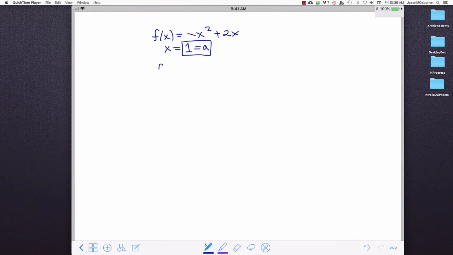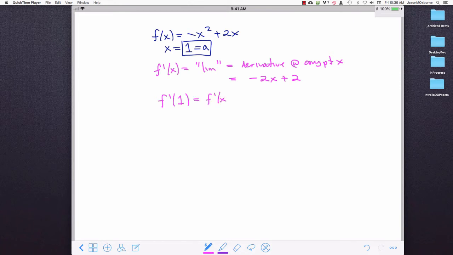And then we found, using a limit, that the derivative at any point x is negative 2x plus 2. So now we can take our derivative and find f prime at any value that we want. At 1, we get negative 2 times 1 plus 2, which is 0.